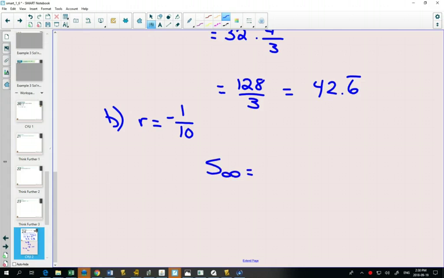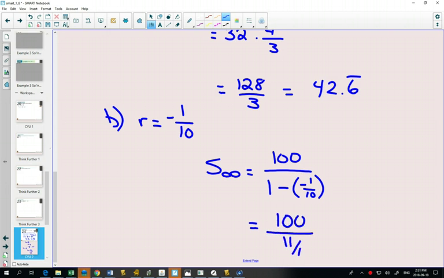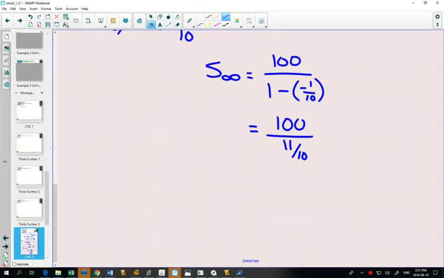Term 1 in this case is 100 over 1 minus, and R, since it's a negative number, I'll put it in brackets, 1 minus negative 1/10. When I add those two together, 10 over 10 plus 1 over 10 gives me 11 over 10.